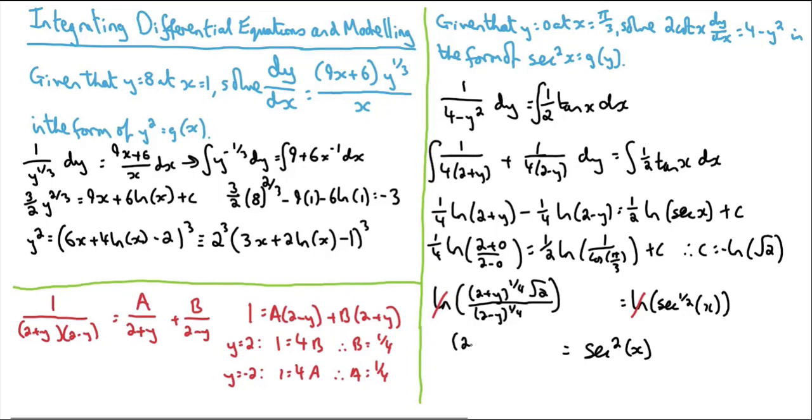So you're just going to have your 2 plus y, and then root 2 squared would be 2, then squared again would be 4. So we've got 4 lots of the 2 plus y, and then on the bottom, that would now just become that 2 minus y, again, because the power of a quarter to the power of 4 would cancel out as a single power. This fraction, therefore, is your equation when the other side is made to be sec squared x.